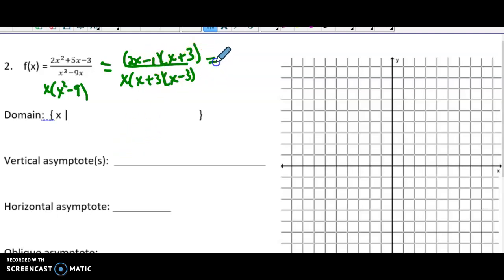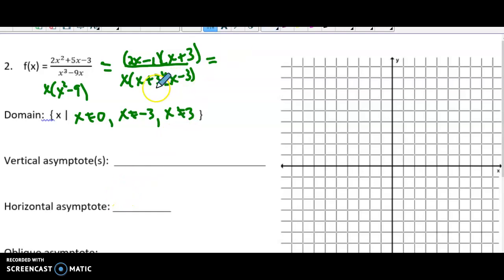The reason I'm doing this is to make sure, remember, we want our rational function to be in simplest form so we know which ones are our vertical asymptotes and which ones are not. The domain, let's see, x can't be 0, right? x can't be negative 3, and x can't be 3.